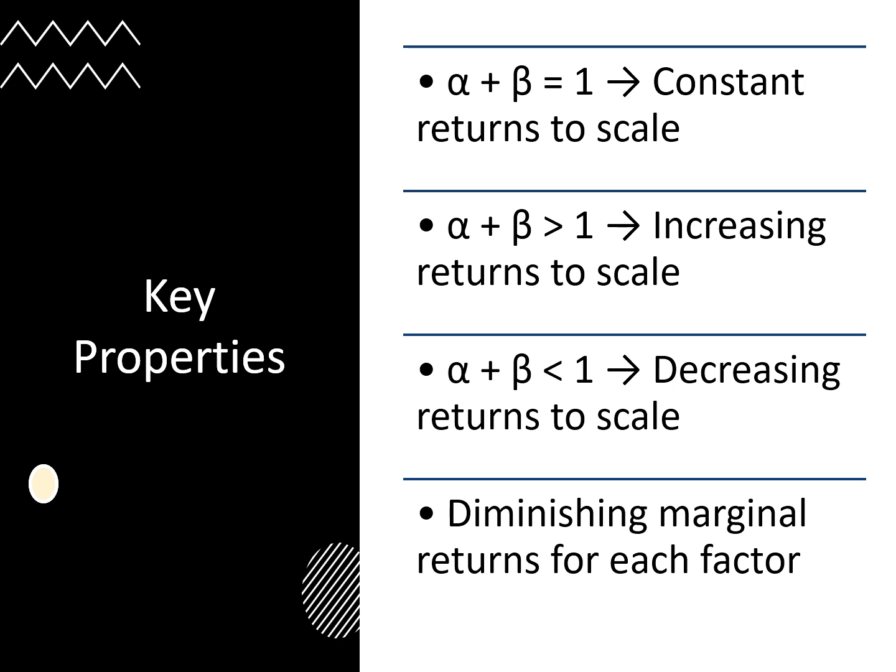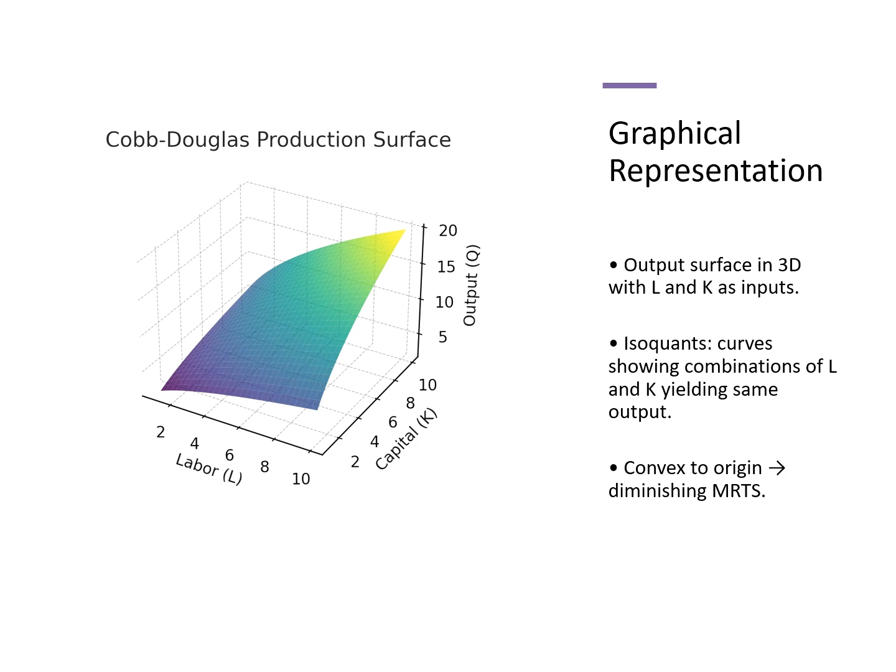This is a graphical representation, and I'm going to get my pen out so I can point a few things out. Here we have labor, capital, and then ultimately our output.